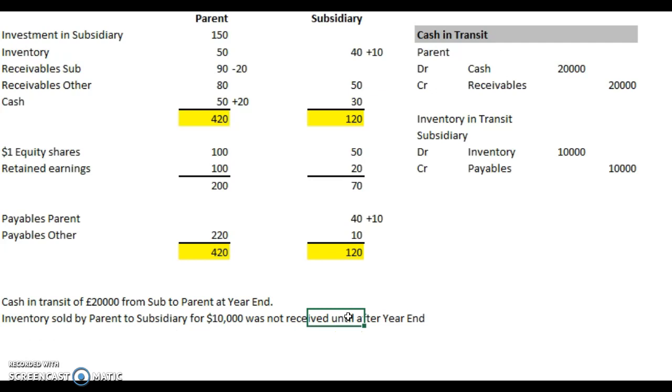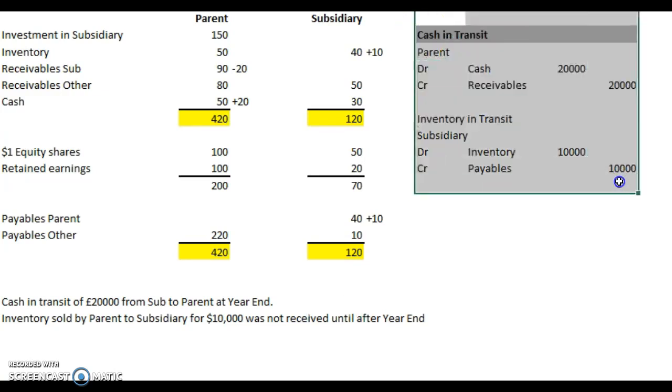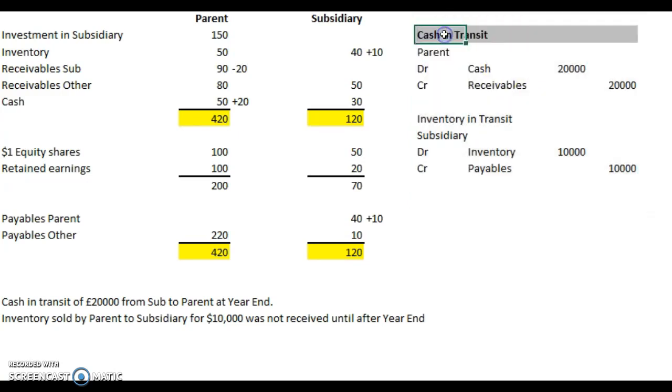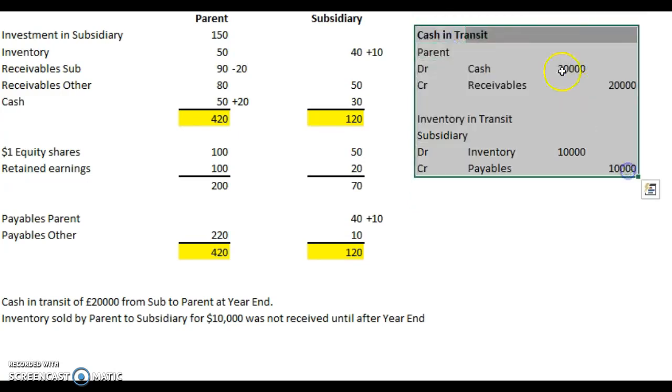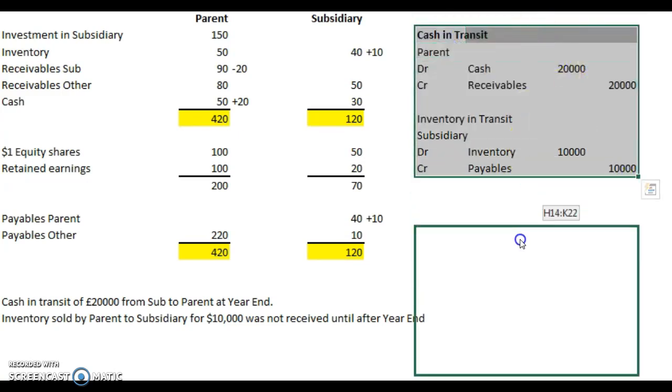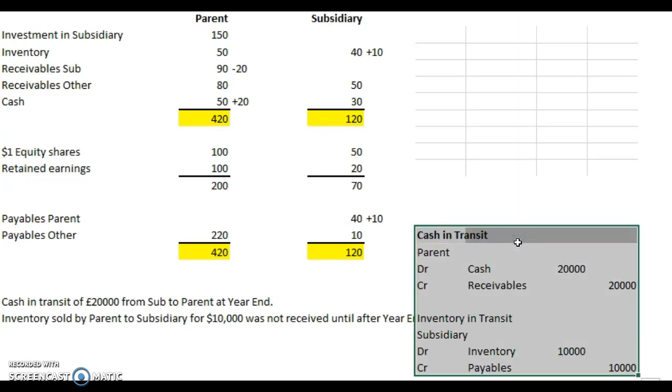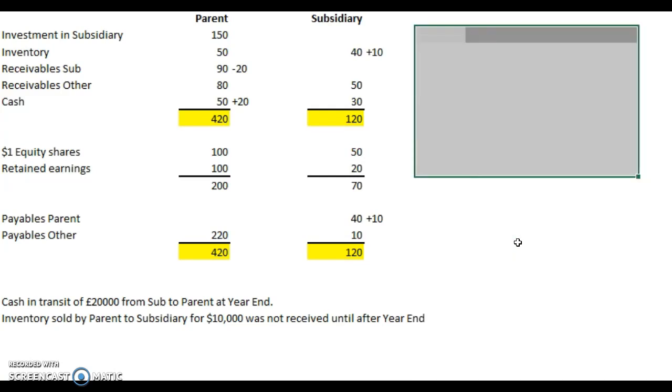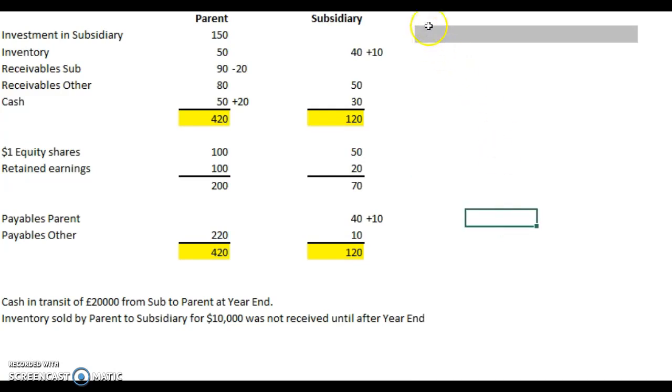Now there's one more exercise to do, of course, so let me just remove these, which is a shame. Perhaps I can just move them rather than remove. Almost. Not quite. Ignore that. I'm going to now do the consolidated balance sheet.